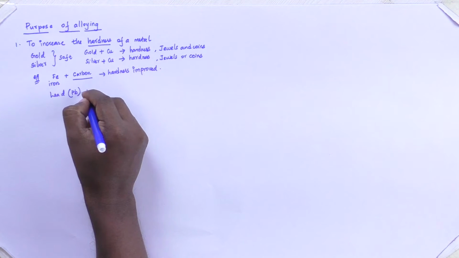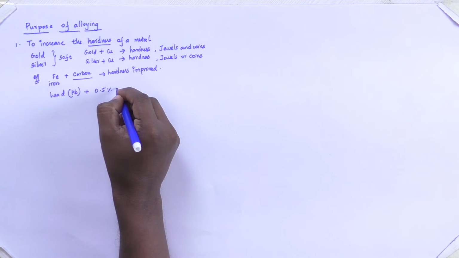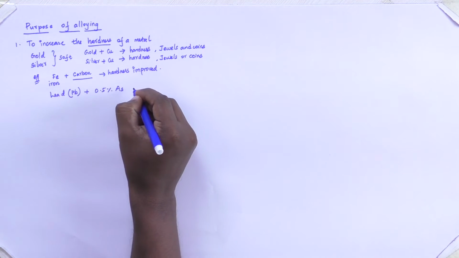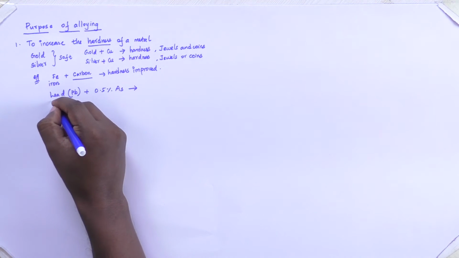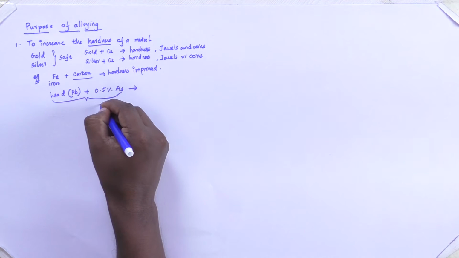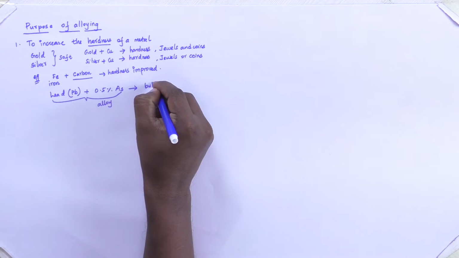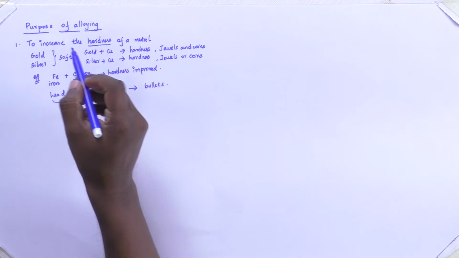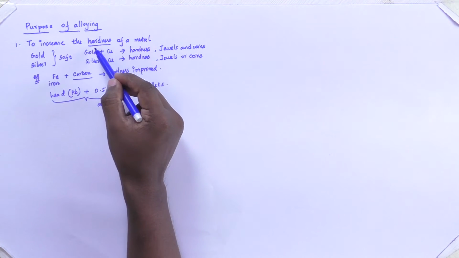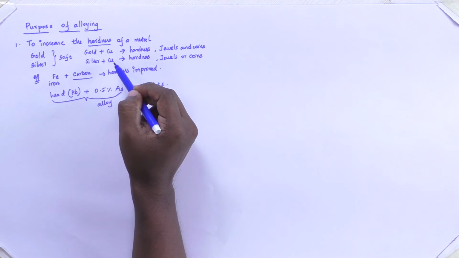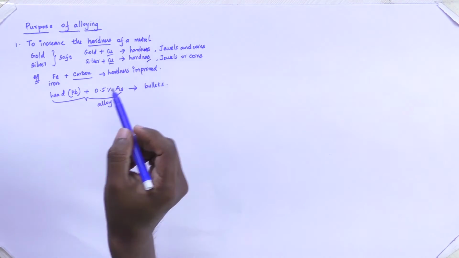Its hardness is improved when it is mixed with 0.5 percent of arsenic, and the alloy of these two can be used for making bullets. So the first thing is, to improve hardness, we can make any element into an alloy by mixing with a few other elements, so that the property of hardness is improved.